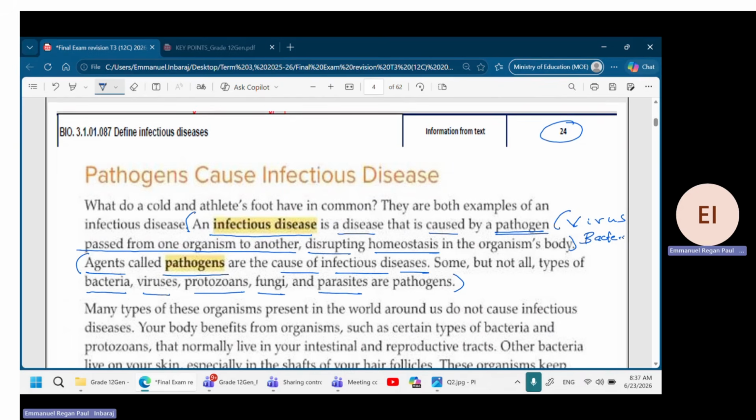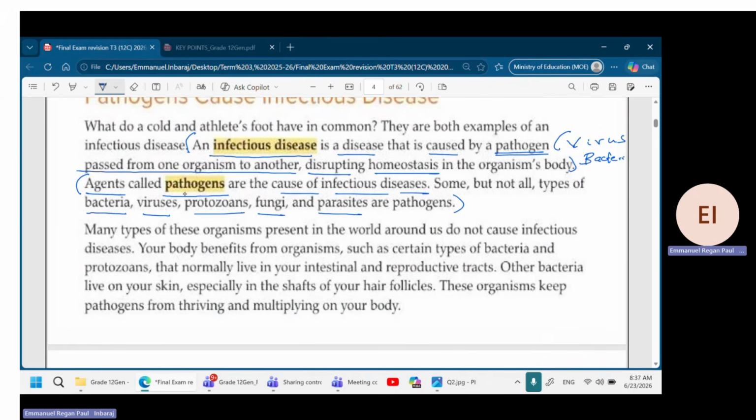And one more thing you should remember: not all pathogens are harmful. We always think that bacteria are not good, that they are harmful, and viruses are harmful. But there are some organisms which are useful. Your body benefits from certain types of bacteria and protozoans.